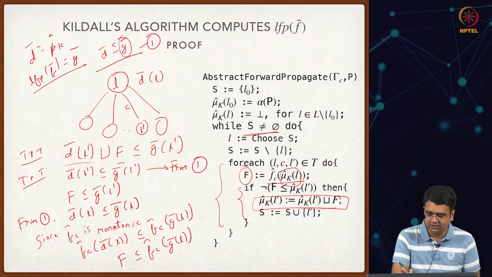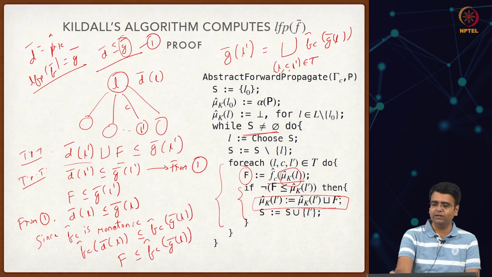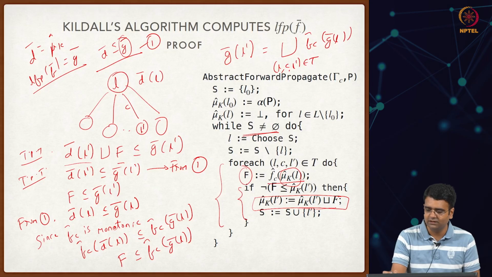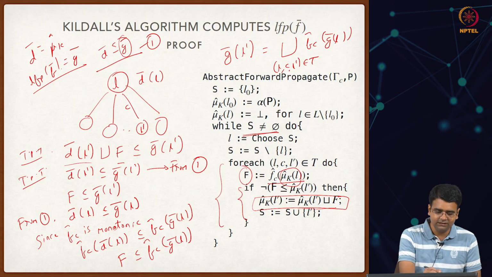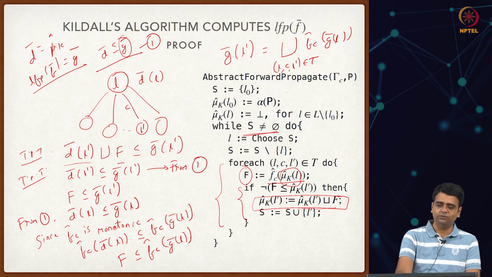So from the definition of f bar, we know that g bar at the location L prime is the join of f hat C of g bar at the location L for every predecessor, L C L prime, which belongs to T. So for every predecessor, you compute this f at C of g bar of L, and then you take the least upper bound, and that will be g bar of L prime. This is from the definition of the f bar function, and the fact that g bar is the fixed point of f bar.